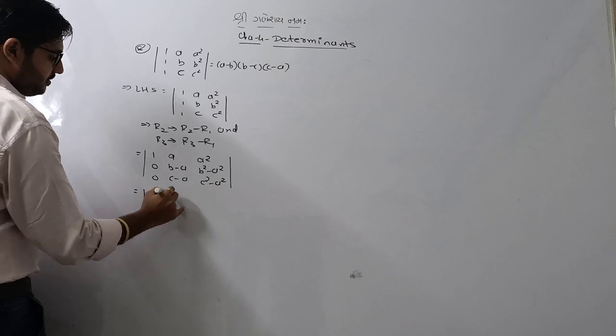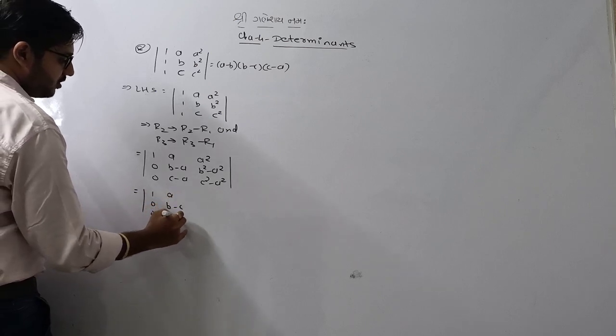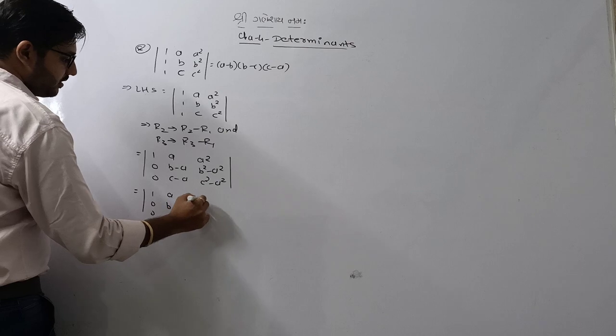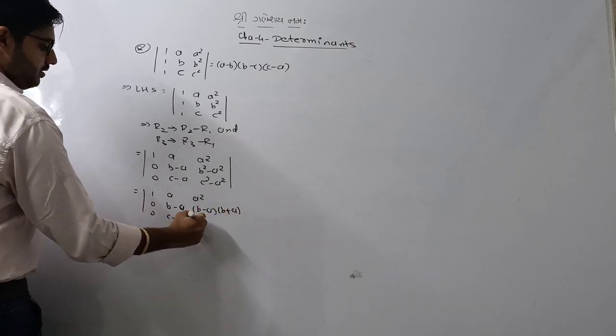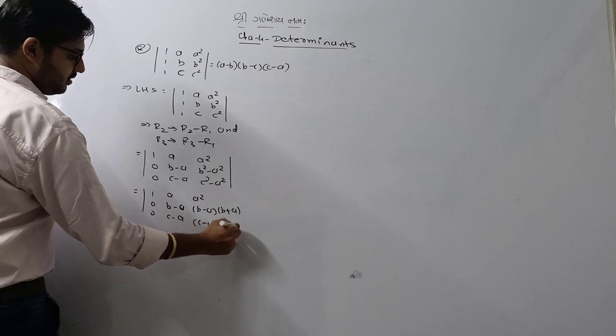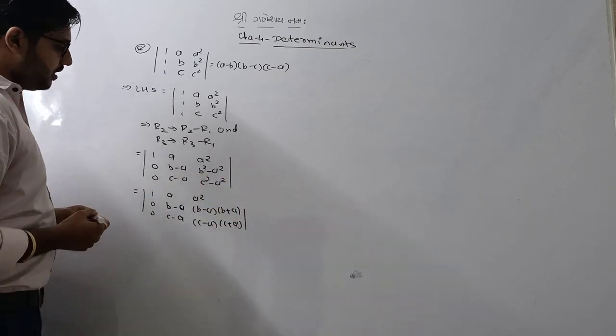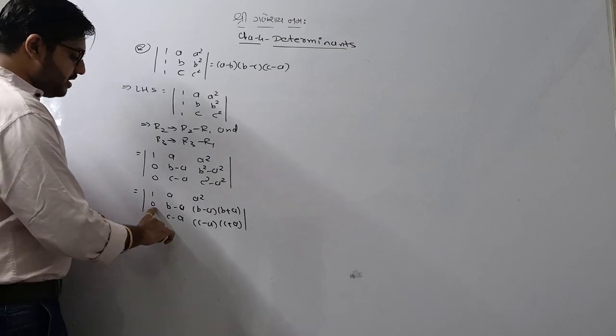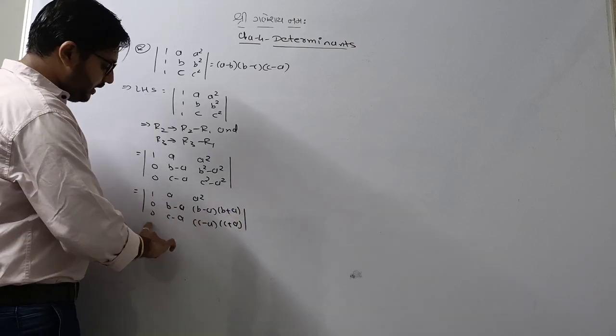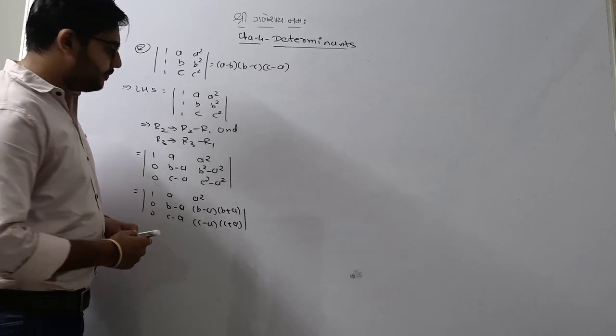Now I can give simplification in the determinant only: b square minus a square can be written as b minus a into b plus a, and here it is c minus a into c plus a. Now we can take something common from the determinant, so we divide by b minus a in the second row and c minus a in the third row, right?